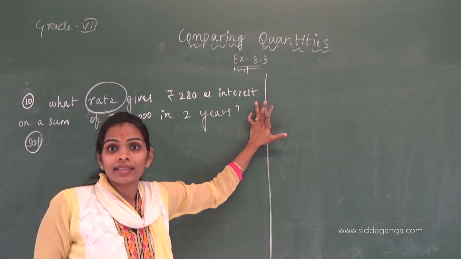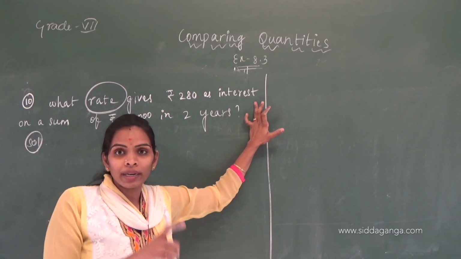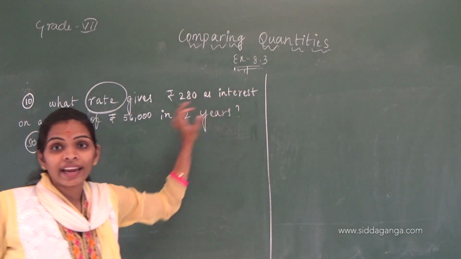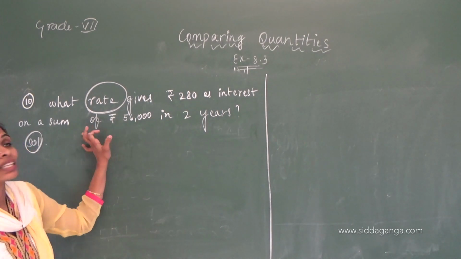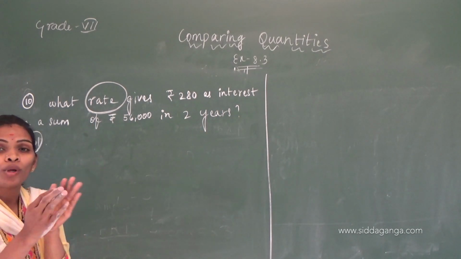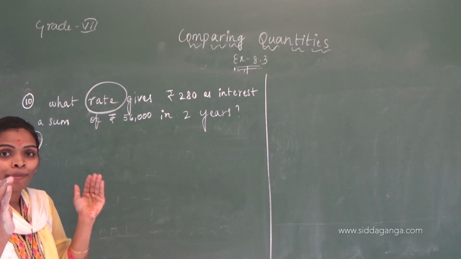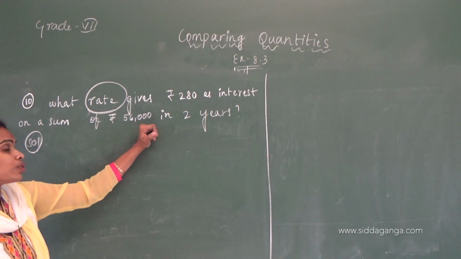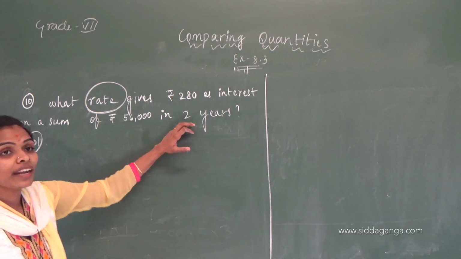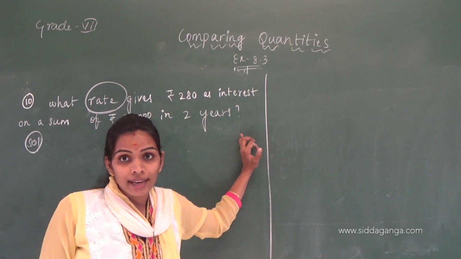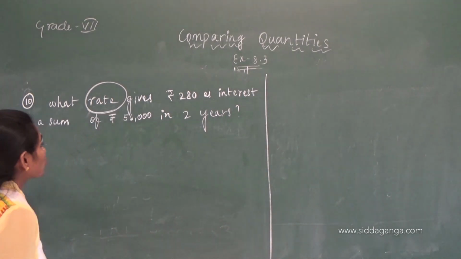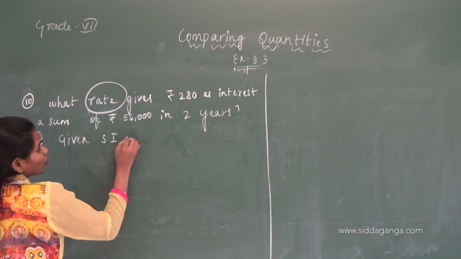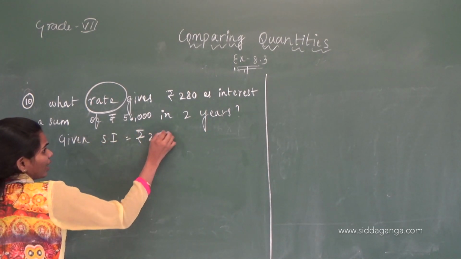That means they are giving the simple interest of that particular transaction, and the simple interest is 280. And sum means principal. The sum is 56,000 in the time period of 2 years. Given simple interest, they are giving rupees 280.